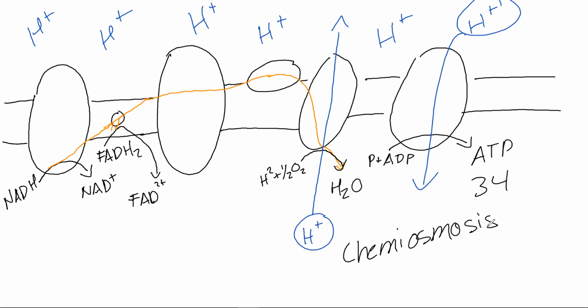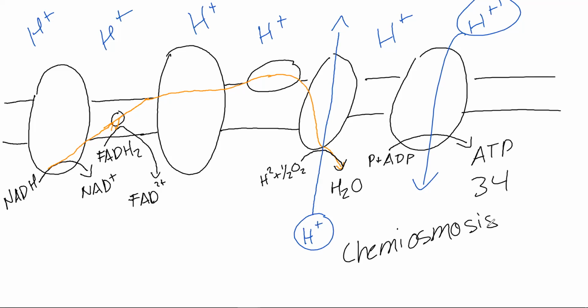And I have a specific definition around here somewhere. I wrote it down like 5 minutes ago. Hang on. Where did I write it down? Not here. Chemiosmosis. It is the movement of ions down their concentration gradient, meaning from high to low.